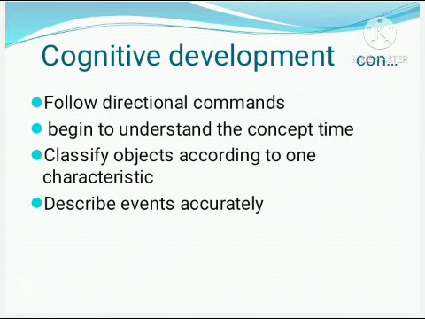The next is describe events accurately. What will happen if a chechi, a schooler and maybe a brother or sister of a preschooler, is coming back from school and buying something which is prevented by the parents? Imagine parents have not given permission to get a chocolate from some shops, and chechi is buying one. She may give one to the baby, telling the baby not to come and tell the family.